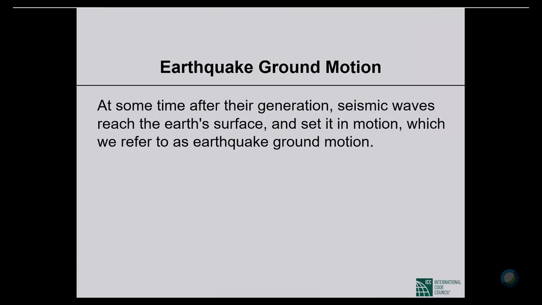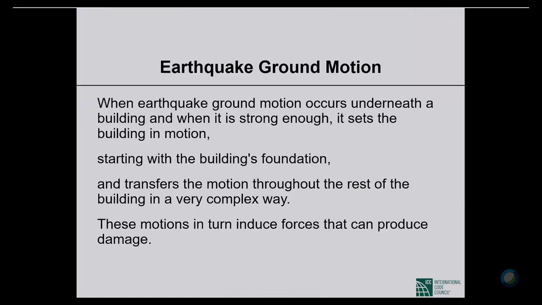Earthquake ground motion. At some time after the generation, seismic waves reach the Earth's surface and set it in motion. The surface of the Earth is set in motion, which we refer to as earthquake ground motion. Very, very familiar term, those of us who deal with earthquake engineering.